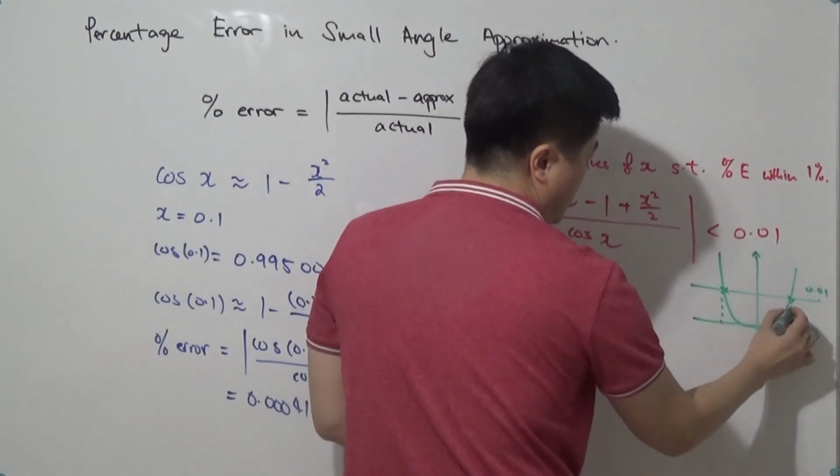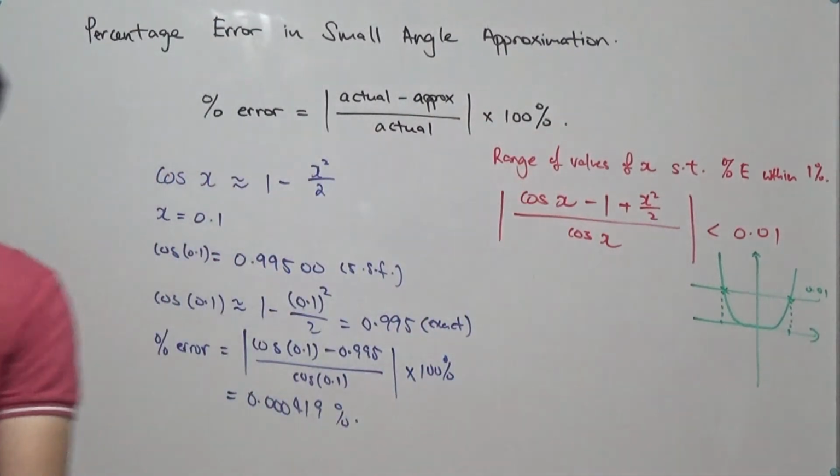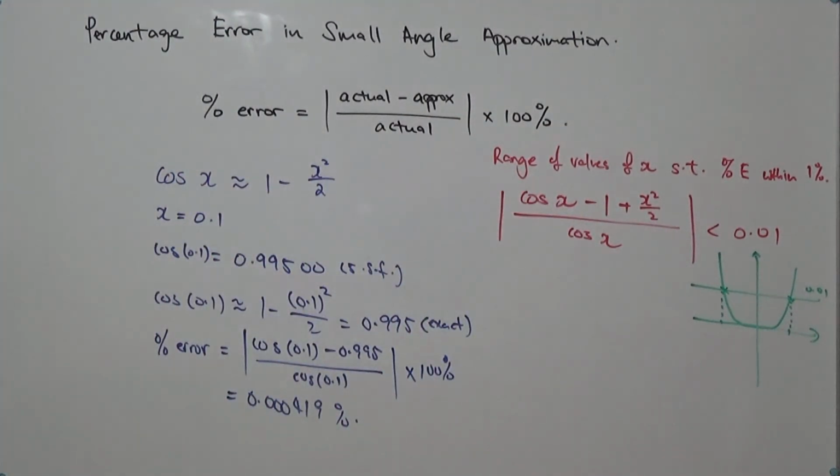From our GC, we figure out that the point on the left is minus 1.05, to 3 significant figures, and the one on the right is 1.05.